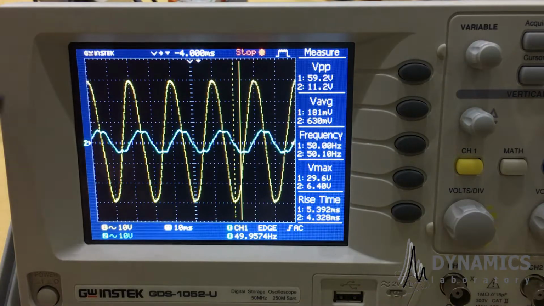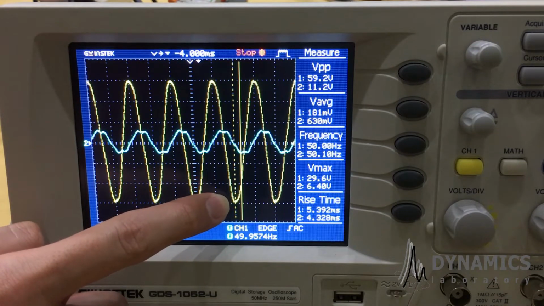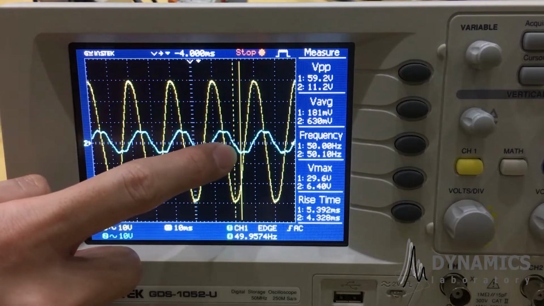So if you can see in here, this is the bottom, or the peak, of the voltage signal. Meanwhile, this is the location of the bottom, or the peak, of the current signal.